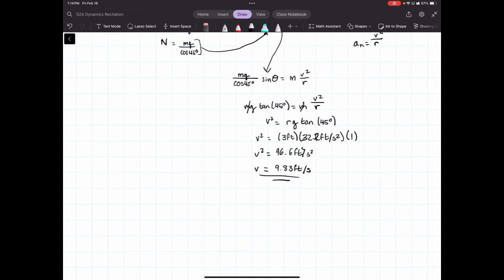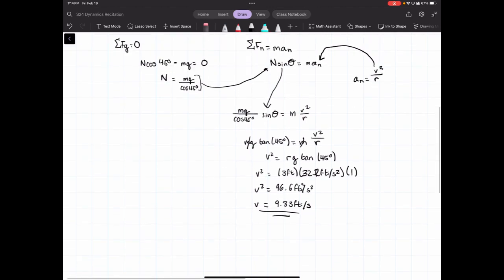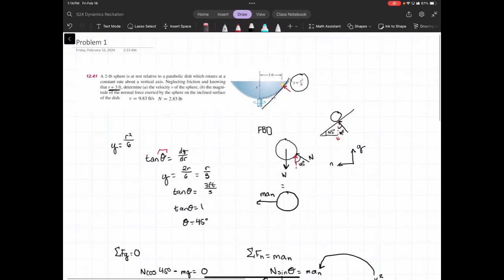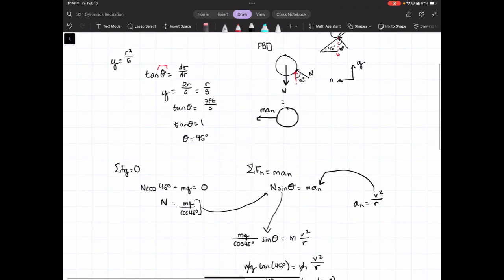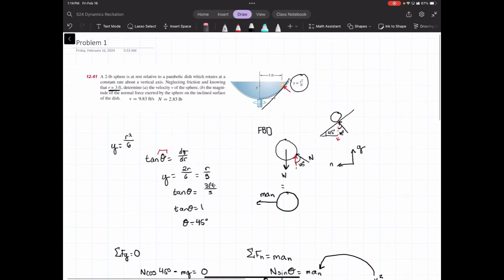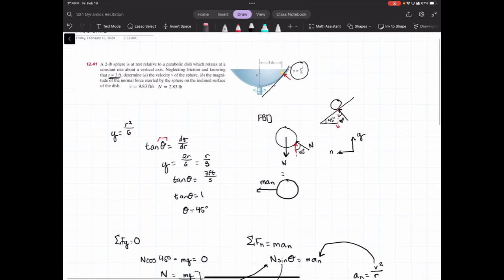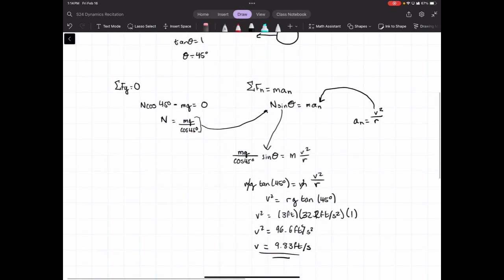The next part asks if we can find the normal force. And that's not too difficult because we know the mass of the sphere, and we know the weight of the sphere, and we have this equation, so we can just plug it in.